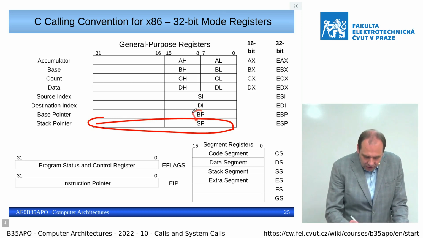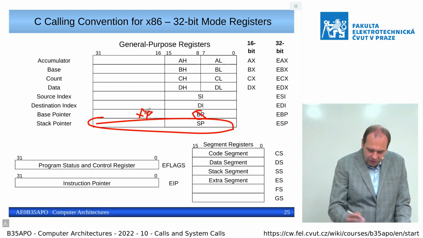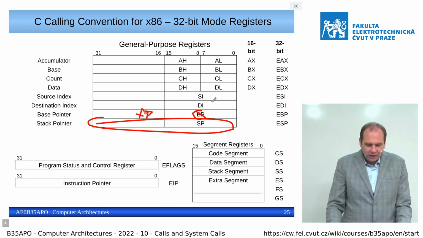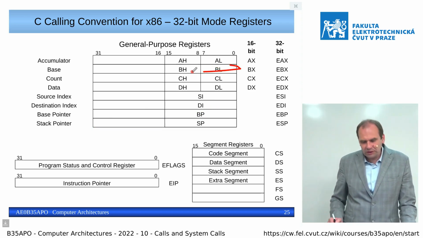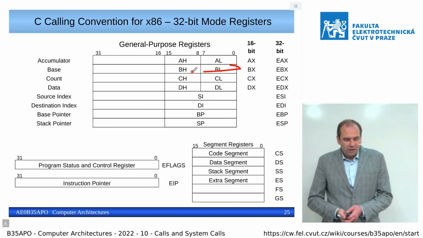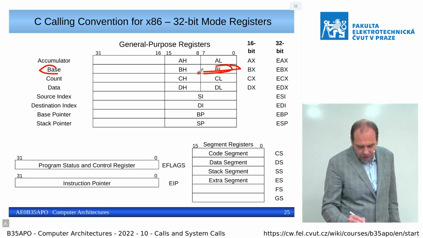The base pointer is in fact the same as our frame pointer for the other architectures. Then there are 2 registers which are usually used for indexing. This one is sometimes used even for dynamic stuff for position independent code.